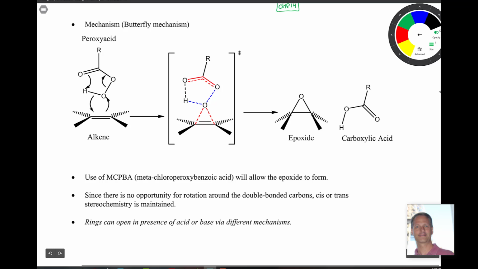The peroxy acid has an interesting electron flow if you look down here below. Coming up to our oxygen, it moves to this position, that guy comes down and grabs an H, and then we swing down to our carbon. That's how we show the transfer of electrons. In the end, we end up with the epoxide and the carboxylic acid.